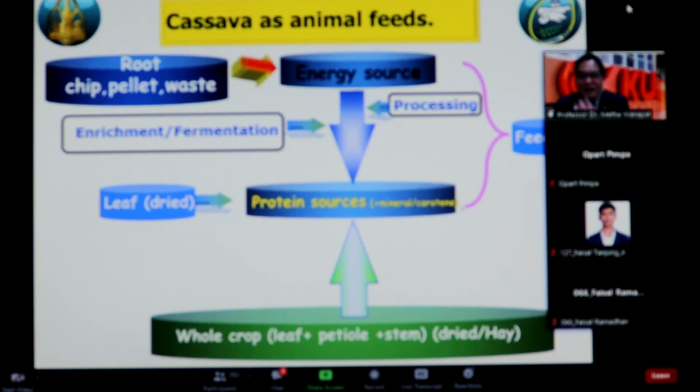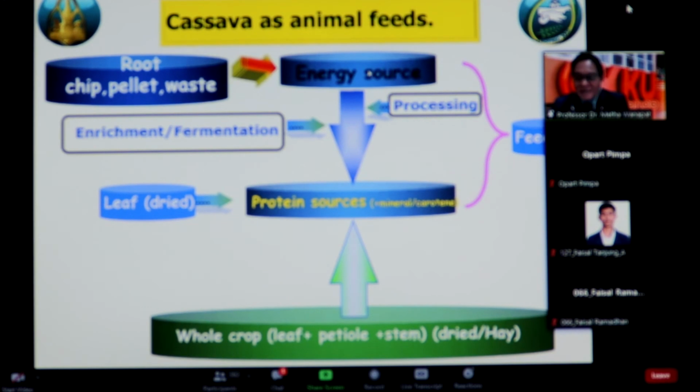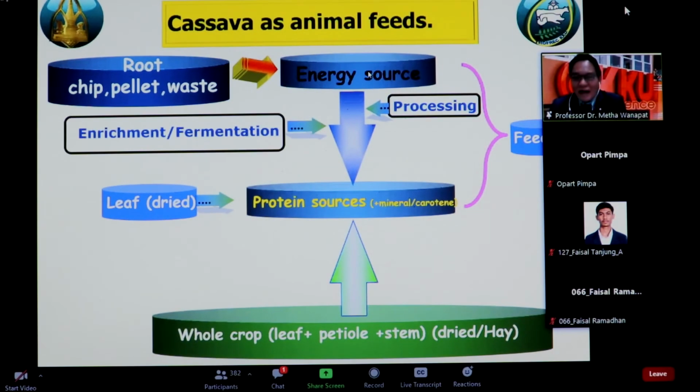Another feed, I will go a little bit faster on this one. May I just bring up cassava, tapioca? You have a lot there. It is very potential. The root of cassava is an energy source, a carbohydrate source, and it can be degraded very rapidly in the rumen.